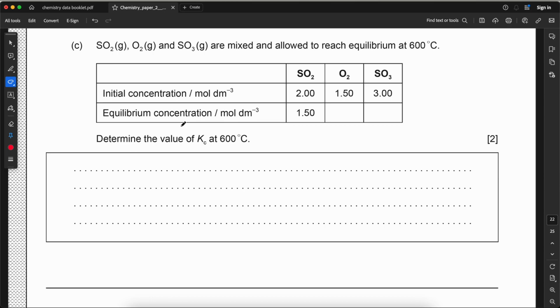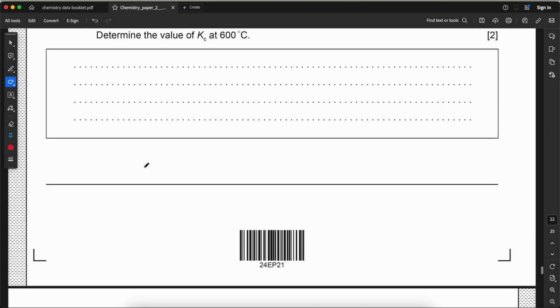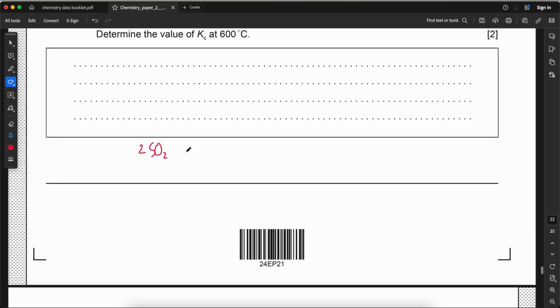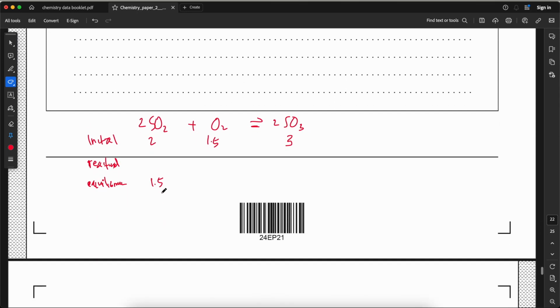Let me just write down here, 2SO₂ plus O₂ produce 2SO₃. Initial, it's 2, 1.5, and 3. At equilibrium, this would be 1.5. Okay, so how many moles reacted?